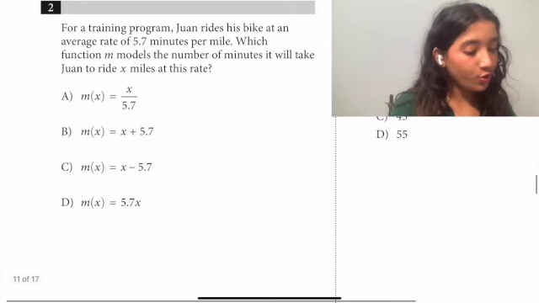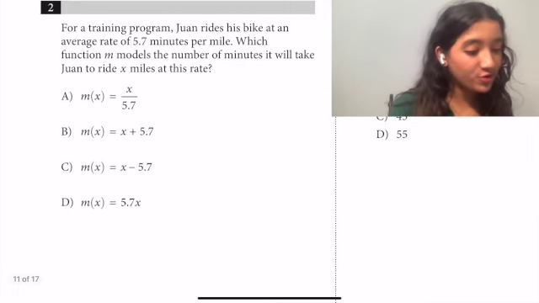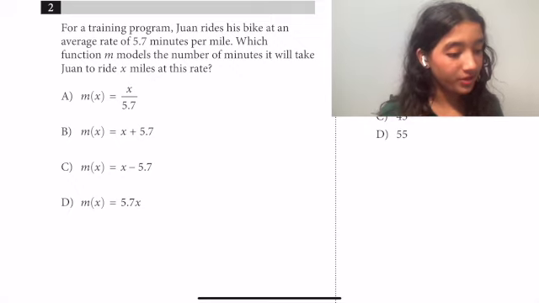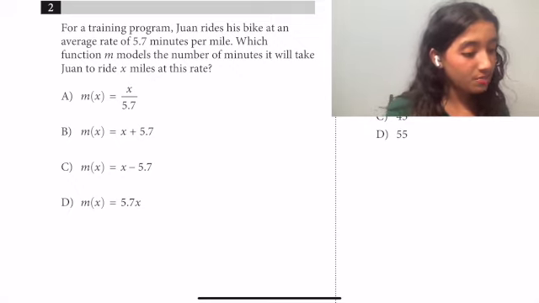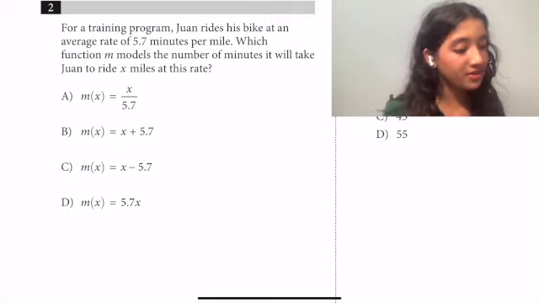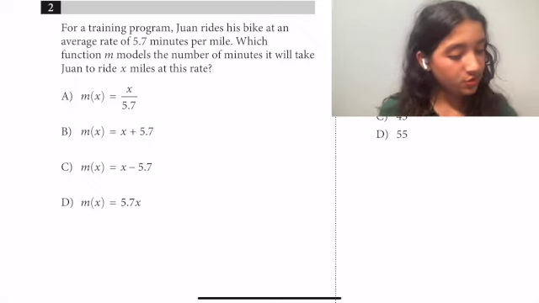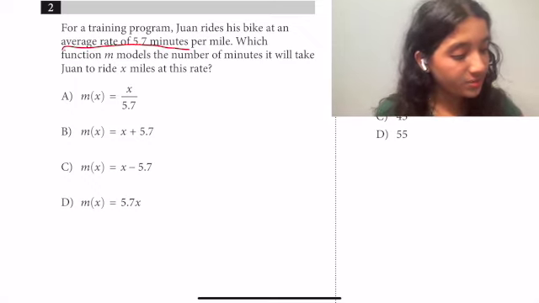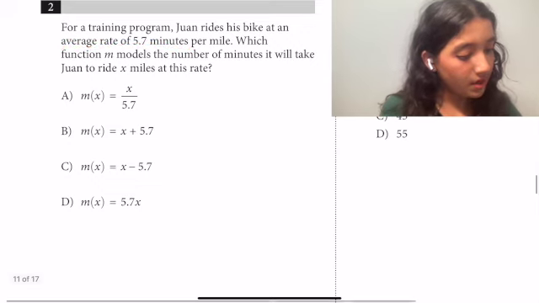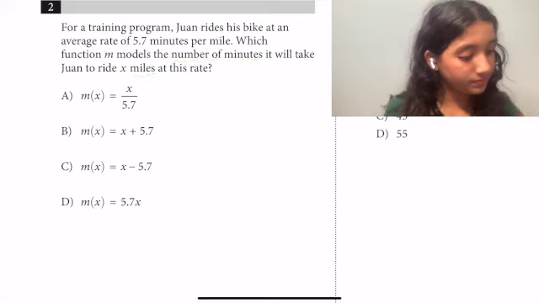For a training program, Juan rides his bike at an average rate of 5.7 minutes per mile. Which function M models the number of minutes it will take Juan to ride X miles at this rate? So we have an average rate of 5.7 minutes per mile, and we want the number of minutes it will take to ride X miles.